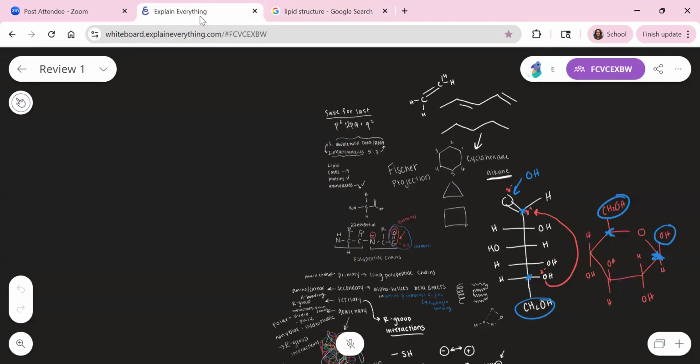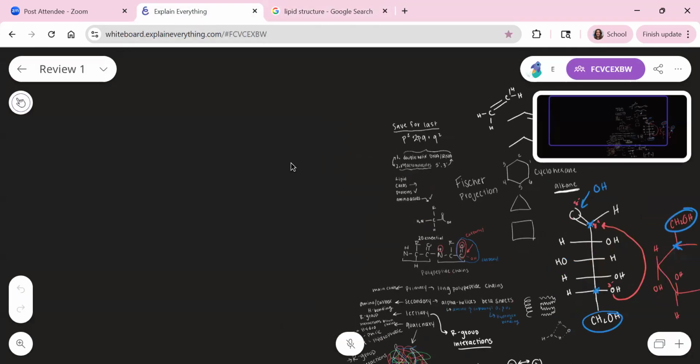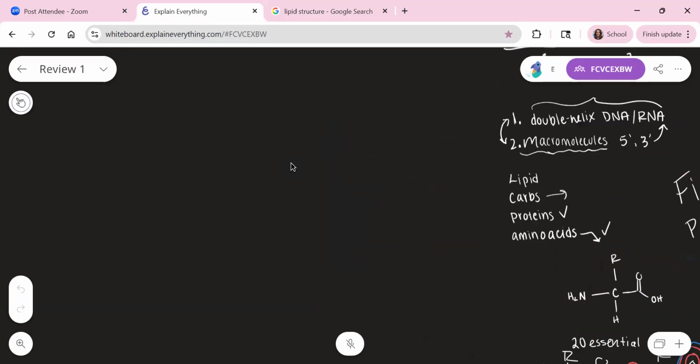Yeah. So I'm gonna zoom in right here. Say here's the lipid head, and this is the body. Saturated means it has lots of hydrogens on it. It's saturated.